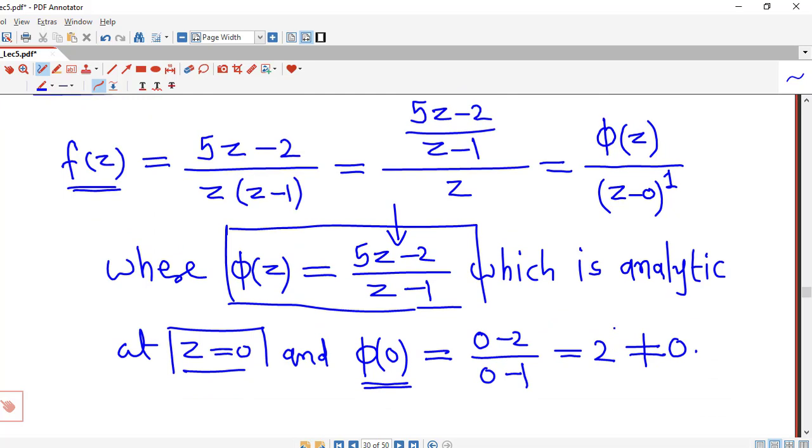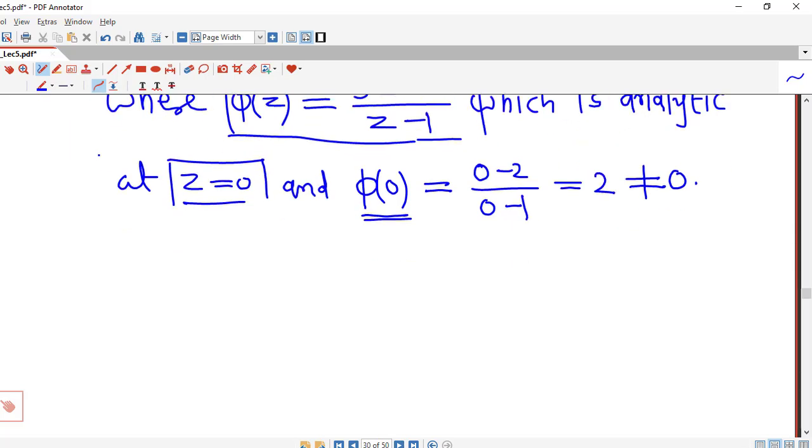So therefore, because here the power of (z minus 0) is 1, we can say that z equal to 0 is a pole of order 1 of this function f of z, or we can say that f of z has a simple pole.